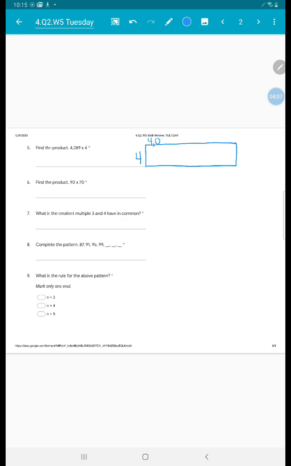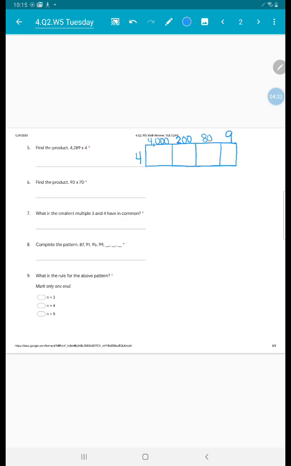So I'll have 4,000 plus 200 plus 80 plus 9. Now in all of those, I've got numbers that are multiples of 10 or have zeros at the end.